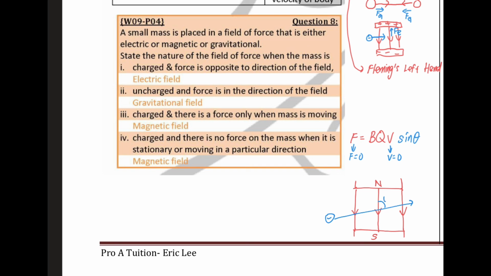If theta is 0, that means the particle is moving in the opposite direction, from down to up. In that case, theta equal to 0, so it will have no magnetic force. So they are trying to say it in that way. This one I put in green. When theta equal to 0, you should expect F equal to 0. So it happens to the magnetic field. Okay, so that settles this chapter.